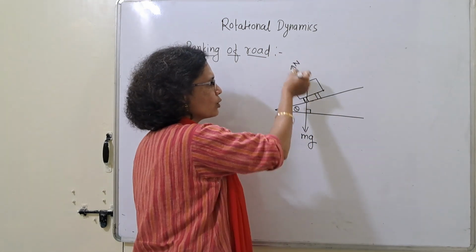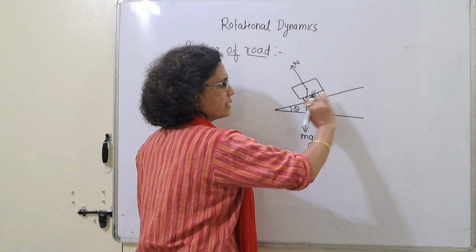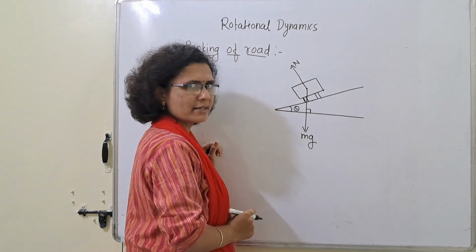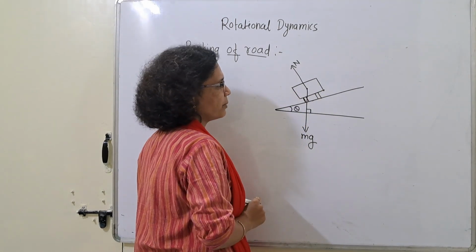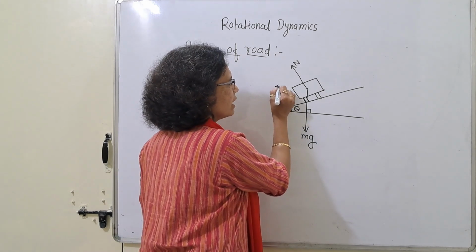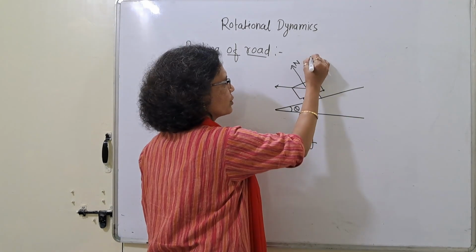So this is the normal force acting on this vehicle by this inclined road. So this mg must get balanced, correct. For that I have to split this normal reaction into its two components. I will split this into two perpendicular components.